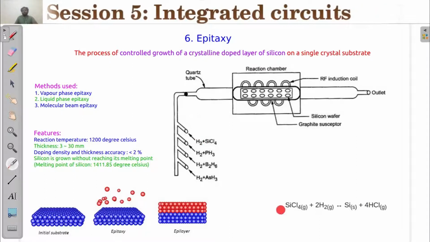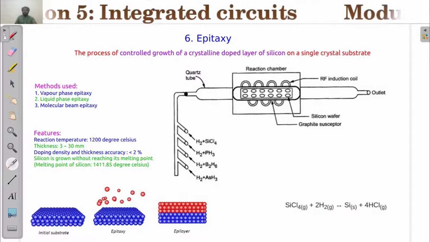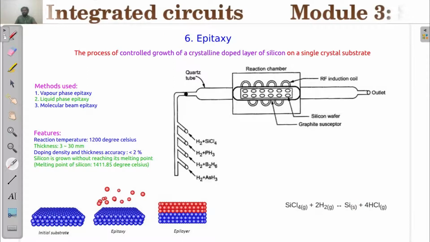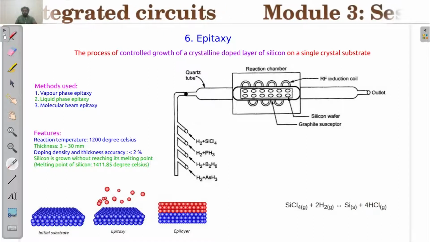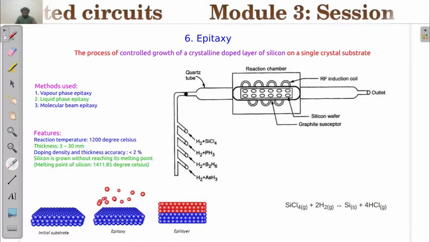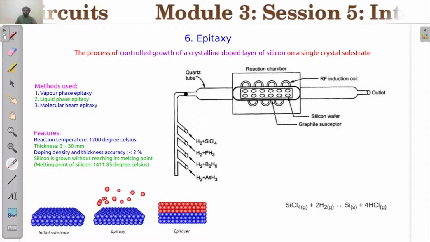The reaction is like this: silicon chloride reacts with hydrogen gas and generates elemental silicon and hydrochloric acid. These are all in gaseous form. So silicon chloride, hydrogen, and hydrochloric acid, all three are in gaseous form.